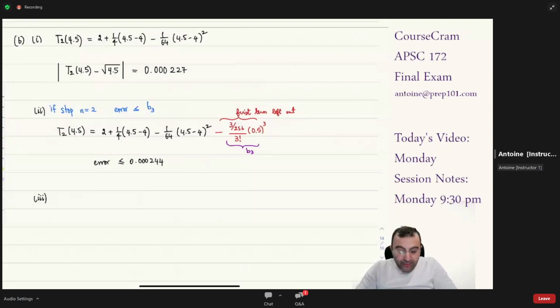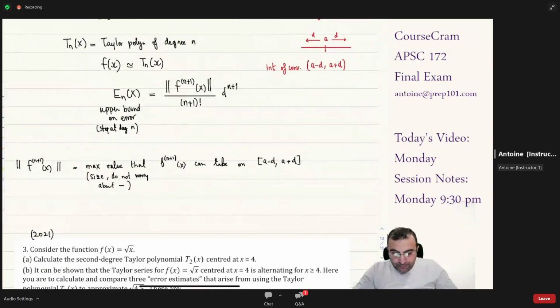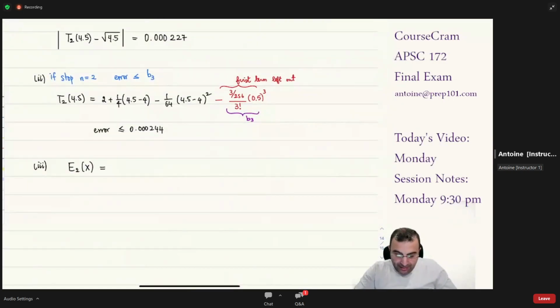So now if we use the Taylor series error bound, we said that if we stop at T2, the error is E2 of x. If we stop at n equals 2, E2 of x is the maximum value of f triple prime of x divided by 3 factorial times d to the power 3.